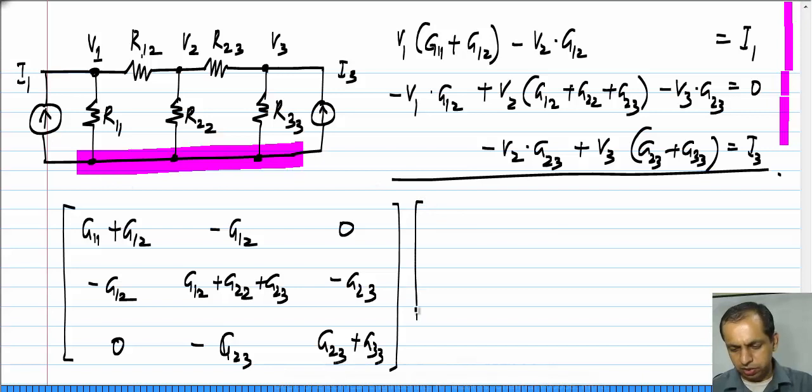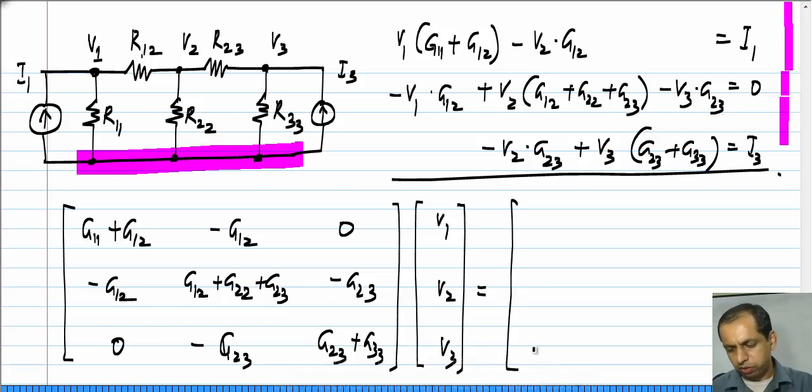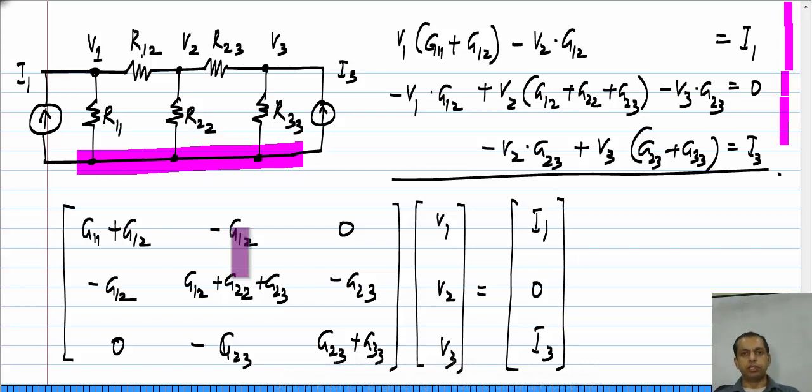This is a matrix times the vector of variables V1, V2, V3, and this will be equal to the vector of independent sources I1, 0 and I3. Okay. There is nothing new in this. All I have done is to write down this set of 3 equations in 3 variables in matrix form. So, I have a 3 by 3 matrix times a variable vector equals the independent source vector.